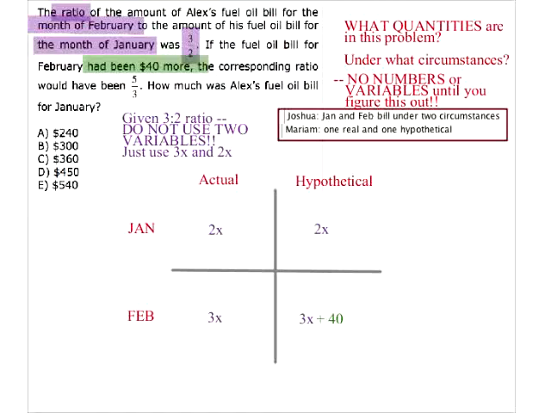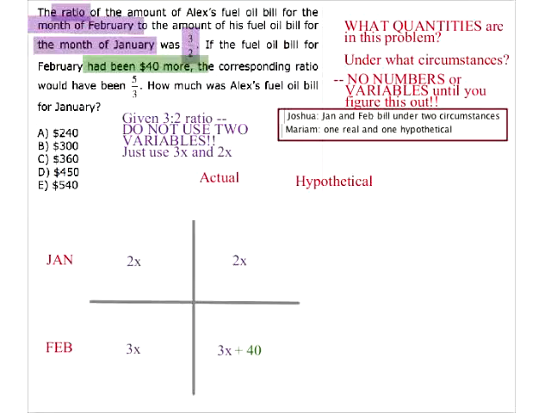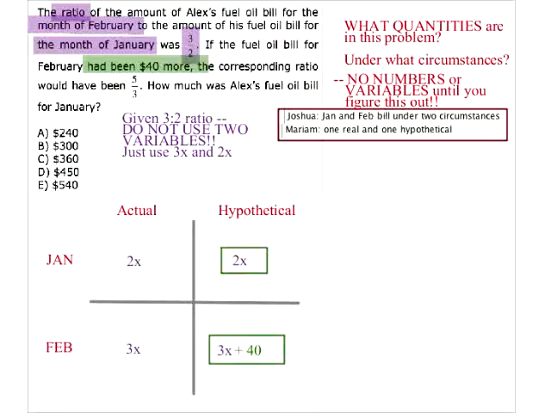Now this is a new type of situation because now we're not defining variables anymore. Now what we're doing is we have these things that are supposed to be in a ratio of 5 to 3. So what do you do in that kind of situation?